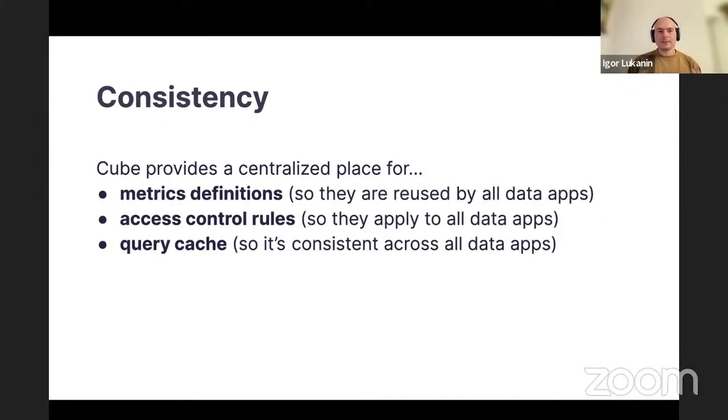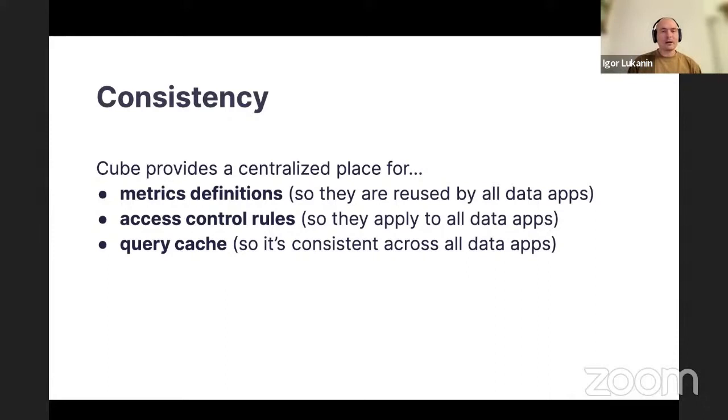Sitting in the central place of the modern data stack, Cube is able to provide consistency of the metric definitions because it serves as a source of truth for metric definitions, right? They are not defined anywhere else other than Cube's data model. So you can define them there, and then they'll be reused by all data apps.